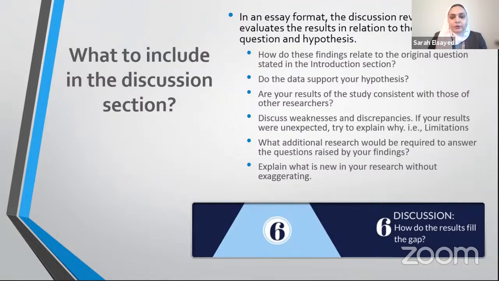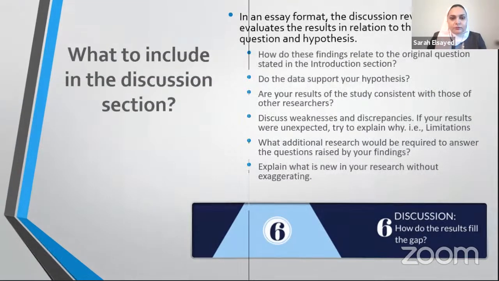And from that point, do we need to do any additional research? Do we need to recommend additional research to answer the questions raised by the findings, and explain what's new about your research? How did you fill the gap, or did it fill the gap of question information or not?